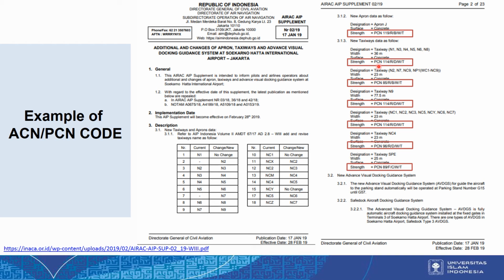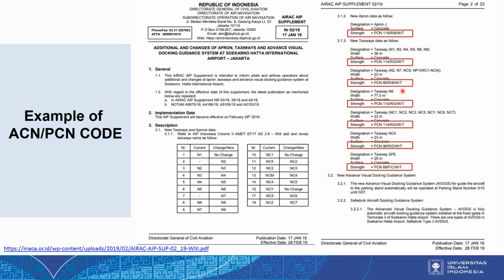For example, the taxiways N1, N3, N4, N5, N6, and N8 have the strength of the pavement in PCN code PCN 114/R/D/W/T. And this is for taxiway N2, N7, and C9, and P1.